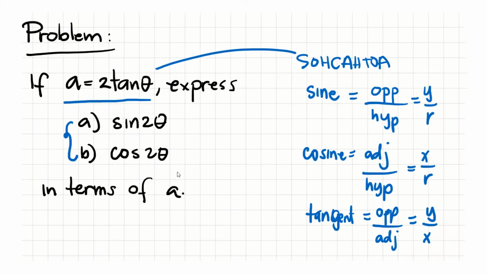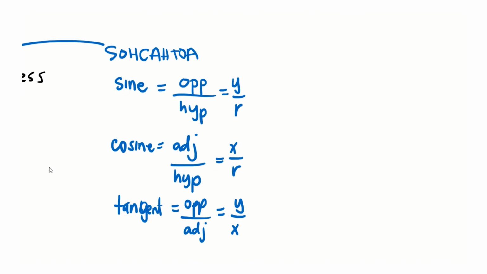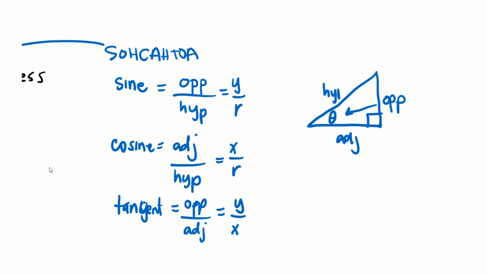So these ideas, adjacent, opposite, and hypotenuse, came from a given triangle. If you have a theta here, then this is the opposite side of the angle, this is the adjacent side of the angle, and this is the hypotenuse, which is obviously the opposite side of the right angle, or the longest side.